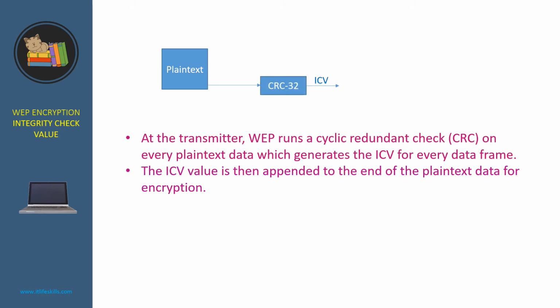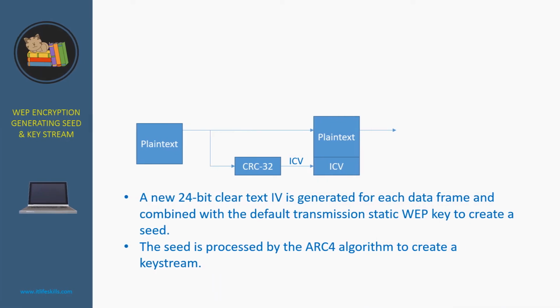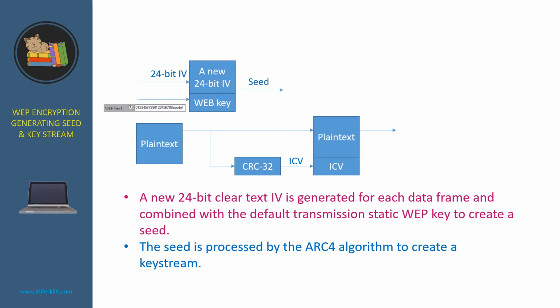The ICV value is then appended to the end of the plaintext data for encryption. Next, a new 24-bit cleartext IV is generated for each data frame and is combined with the default transmission static WEP key to create a seed.